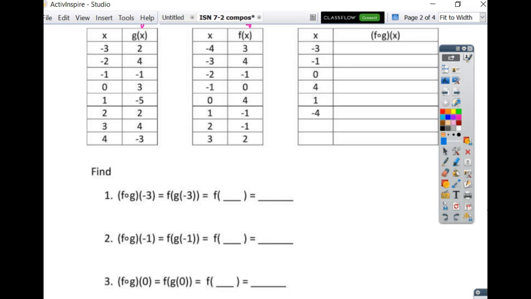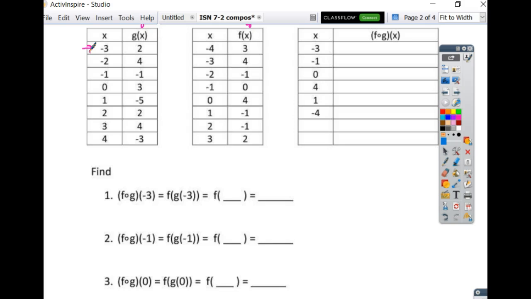I'm going to start in the middle, right here. So in the middle, or the inside one, is my g function. And what's the x value of my g function? Negative 3. So this is my g function, right? And here's the x value of negative 3. What's the output at negative 3? 2.